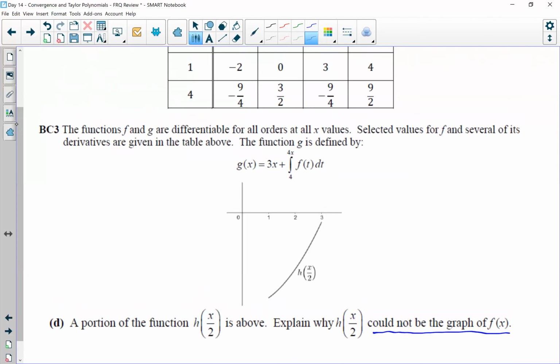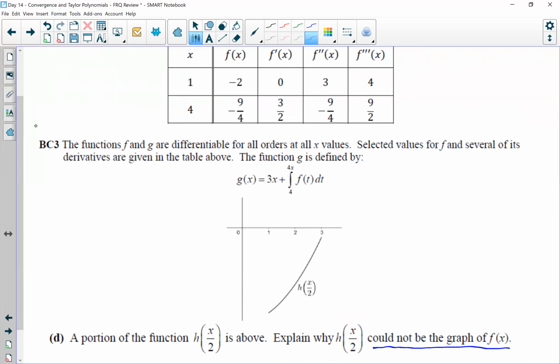So how in the world will we be able to explain that it's not the graph of f? Well, for f, the only thing that I know is certain values when x is 1 and when x is 4. So we're really trying to figure out, could these two things be the same? Let's find out when x is 1, what happens?